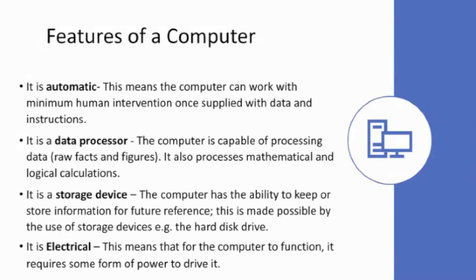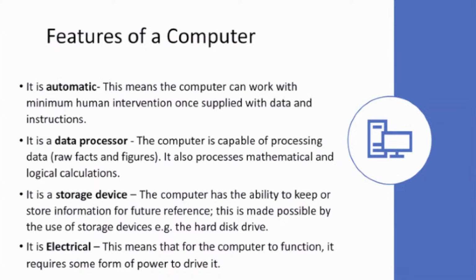Once we supply data and instructions, they process them and make information. We just need to give them data and instructions to make information. Okay. So then it's a data preprocessor.